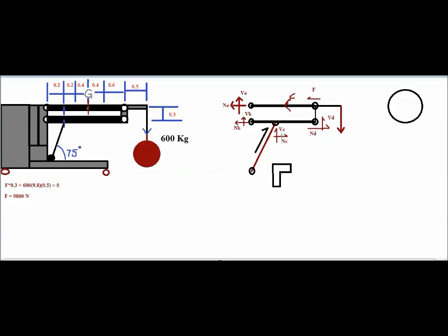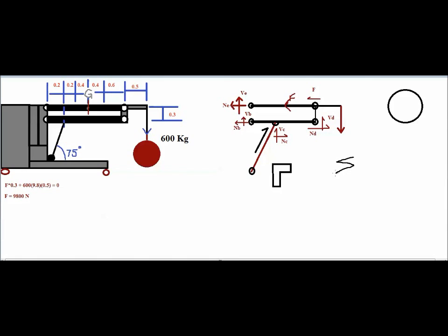These are the components that get generated because of the reaction force applied by the hydraulic piston. And we have another set of known values, which is VD and ND, which we just calculated. So I'll write down the equation for sigma M at B is equal to 0.